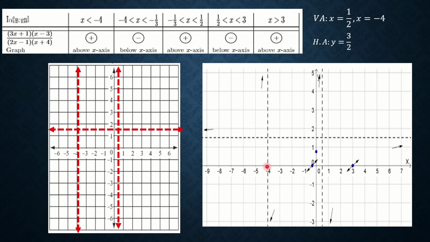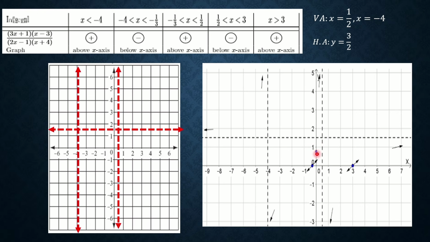So, itong negative 4, and then ito yung negative 1/3 natin. So, pababa. And then, pagitan ng negative 1/3 at 1 half. So, since nakalagay dito above x-axis, kaya madadaanan natin tong graph na to. So, may mga case na ganon, no? Madadaanan nyo tong graph na to.